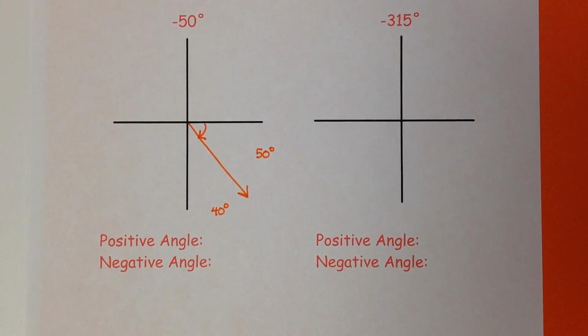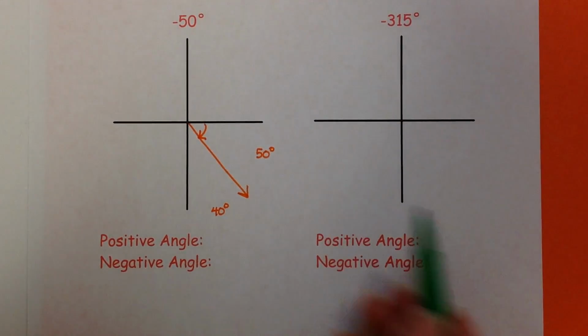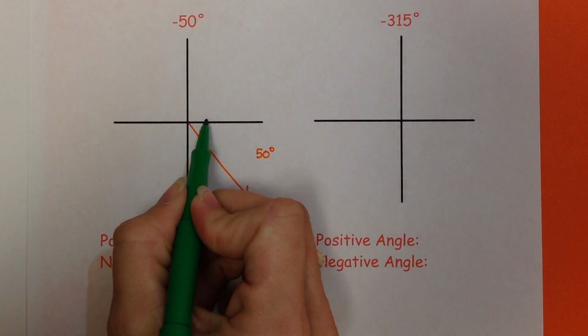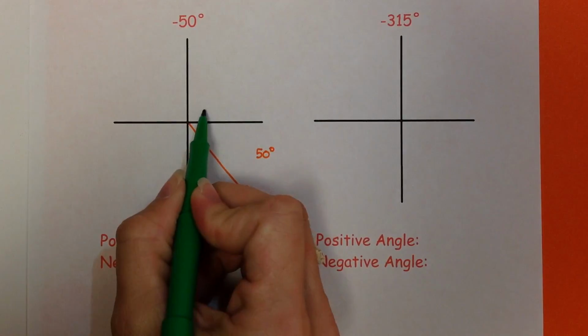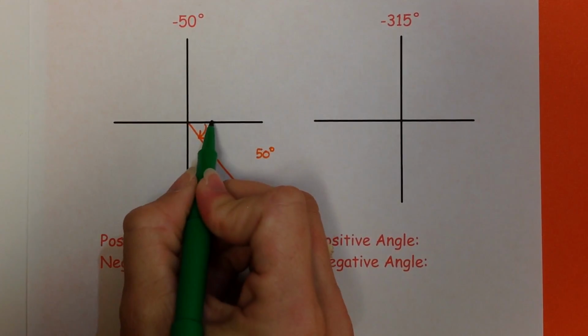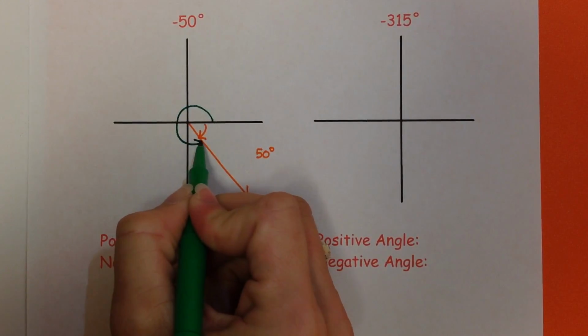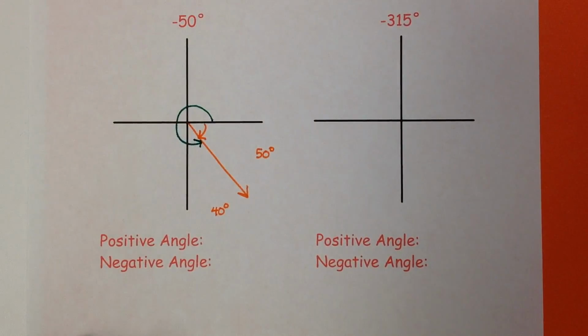And again, we're going to do one that's positive and we're going to do one that's negative. Okay, so finding the positive coterminal angle. Again, starting in standard position, but if I'm wanting a positive angle, I have to rotate counterclockwise. But I don't have to go past it and come back because I'm going in the opposite direction of what my given angle was.